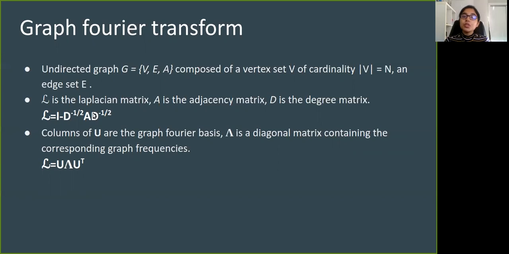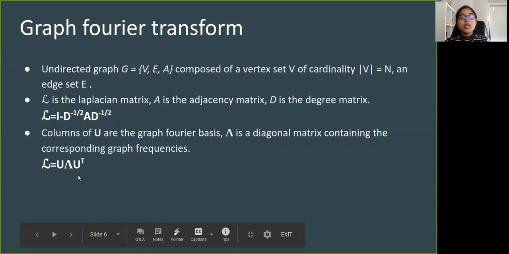Now, if we do the eigenvalue decomposition of this Laplacian matrix, this is the normalized symmetric Laplacian matrix, the eigenvectors are basically the graph Fourier basis, and the corresponding eigenvalues are the graph Fourier frequencies. So this lambda is the diagonal matrix which contains the graph frequencies.